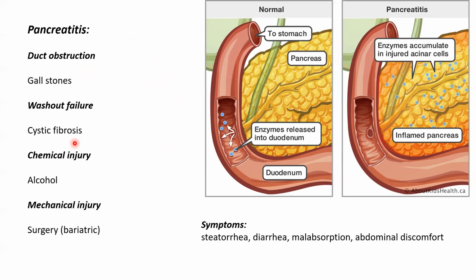Cystic fibrosis. As a matter of fact, the term cystic fibrosis comes from autopsy, people that died and they found cysts and fibrous material in the pancreas. So they call it the disease cystic fibrosis. That's not why the people died. They died from lung issues, but that's where the name came from.